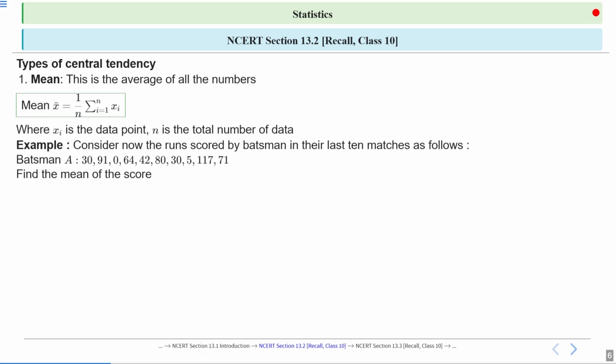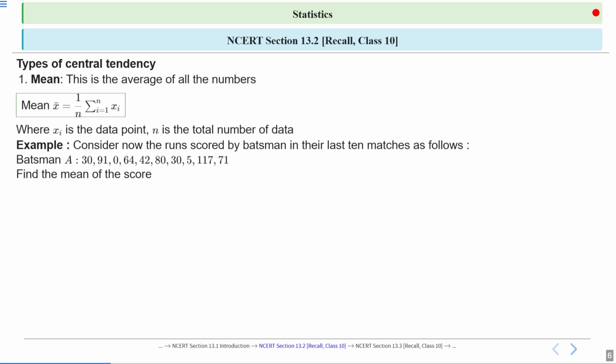To make this concept clearer, let's look at an example. In this example, we consider the runs scored by batsman A in their last 10 matches as follows: 30, 91, 0, 64, 42, 80, 35, 117, 71.